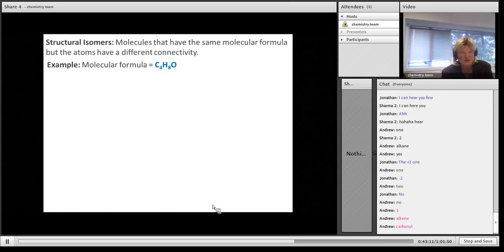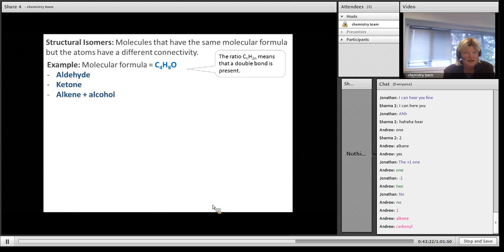So let's have a look at this one. C4H8O. And what can we do? So first of all, as I said, you look at the ratio. And you get an aldehyde, a ketone, or an alkene alcohol mix out of that.